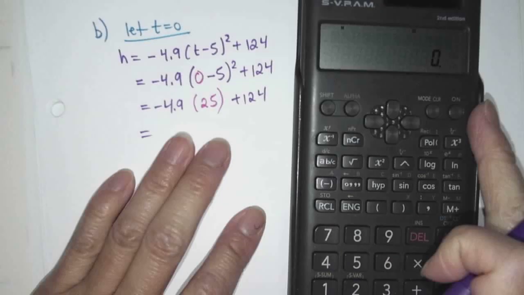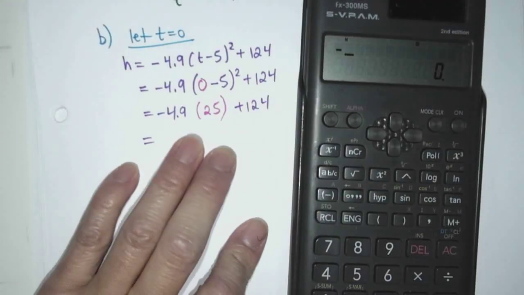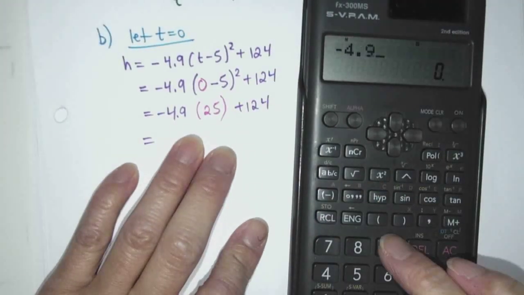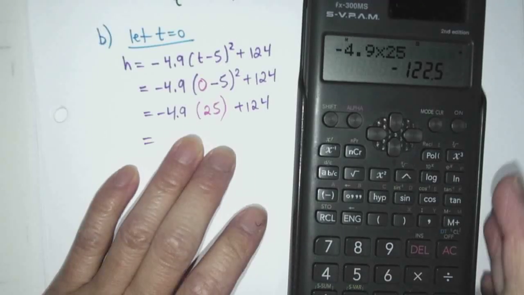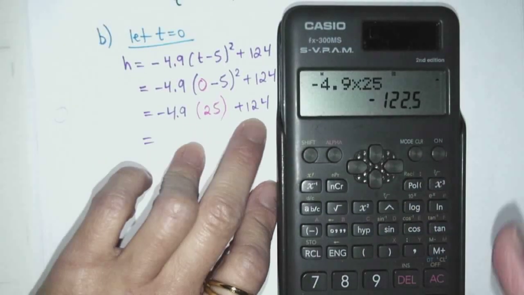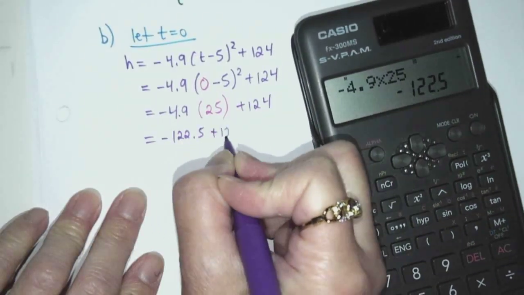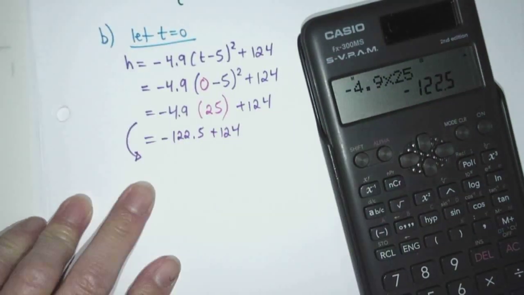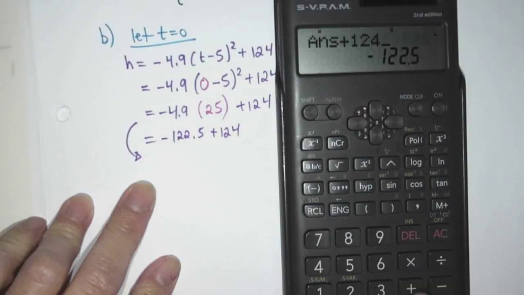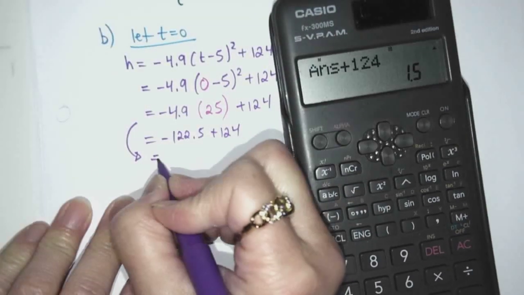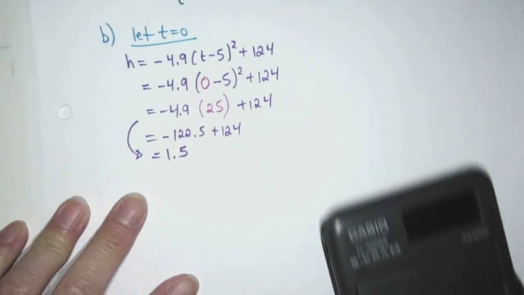At this point, it would be okay to sub this into your calculator. Negative 4.9 times 25 equals negative 122.5. So negative 122.5 plus 124. It's okay if you just sub that right in and went plus 124. And that would get me 1.5.